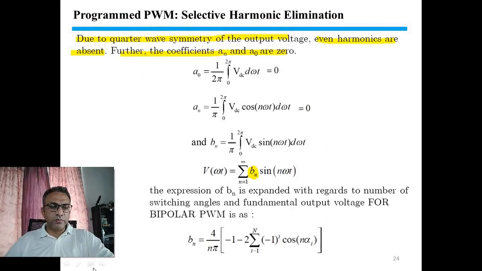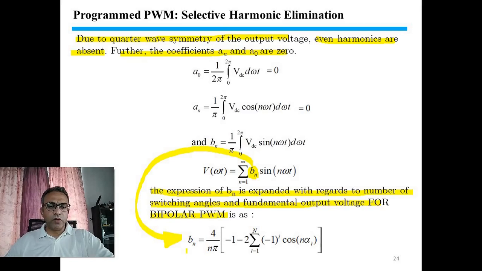And to solve for a bipolar waveform, the expression B n is expanded with regard to the number of switching angles and the fundamental output for bipolar PWM. That is, B n is equal to 4 over n pi bracket minus 1 minus 2 summation i equal to 1 to N bracket 1 minus n to the power i cos n alpha i, where alpha i are the switching angles.